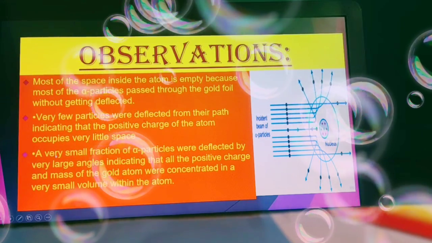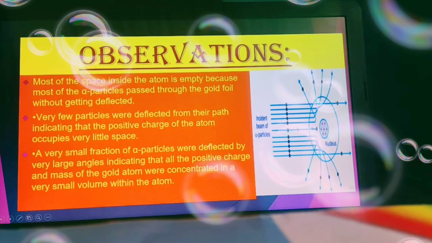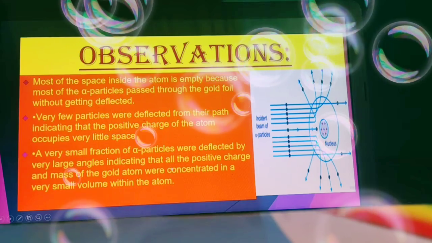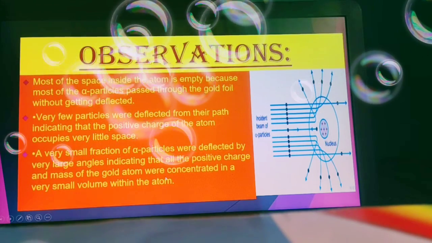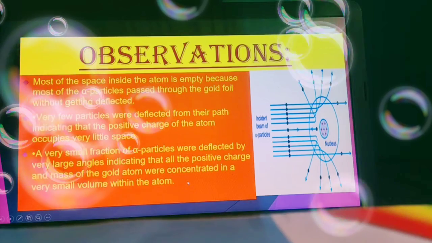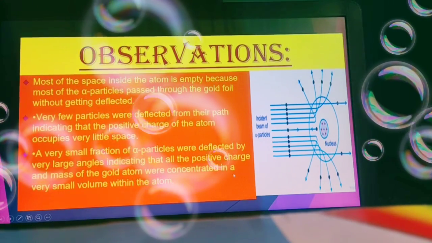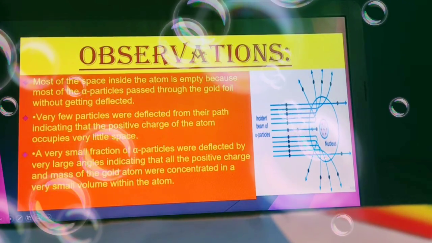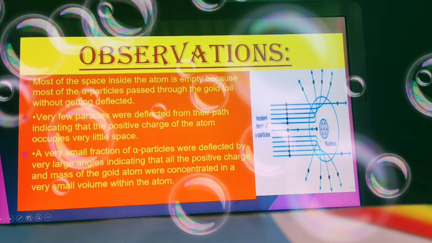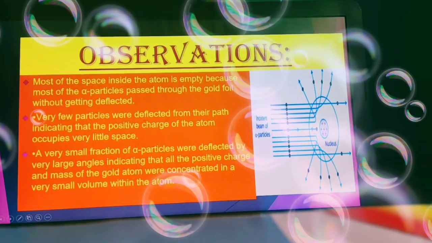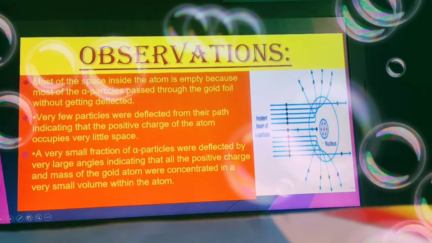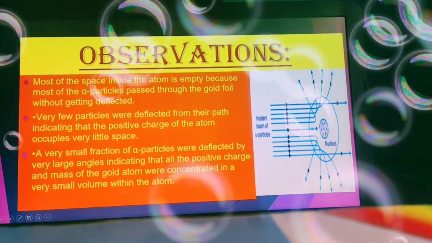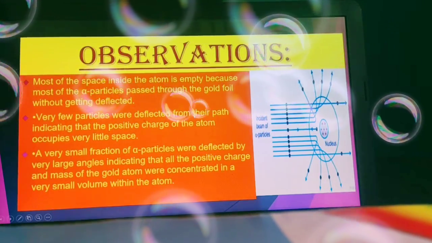And next one is a very small fraction of alpha particles are deflected by very large angle, indicating that all the positive charge and mass of the gold atom are concentrated in a small volume within the atom. Very few alpha particles are deflected with greater than 90-degree angle. These are the observations of Rutherford's alpha particle experiment.